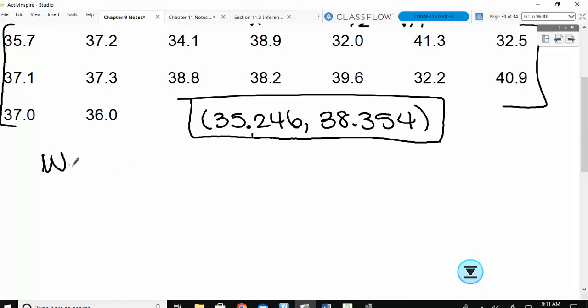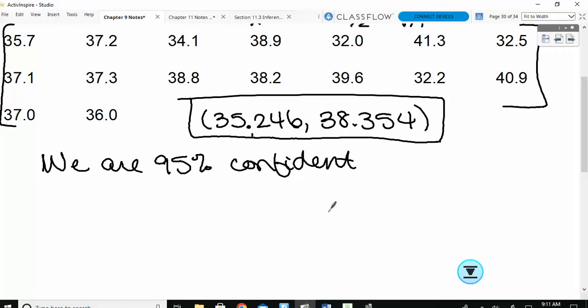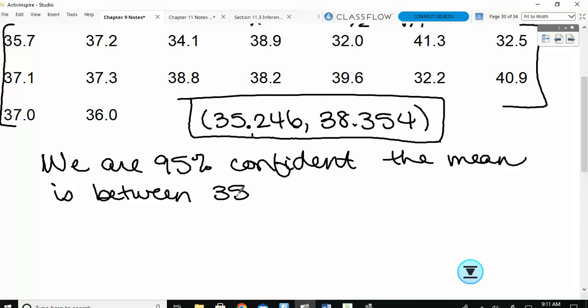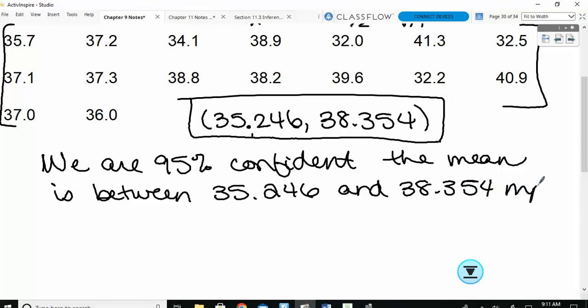So it was a 95% confidence interval, so we are 95% confident. This was talking about the sample mean, so we could say the mean is between 35.246 and 38.354 miles per gallon.